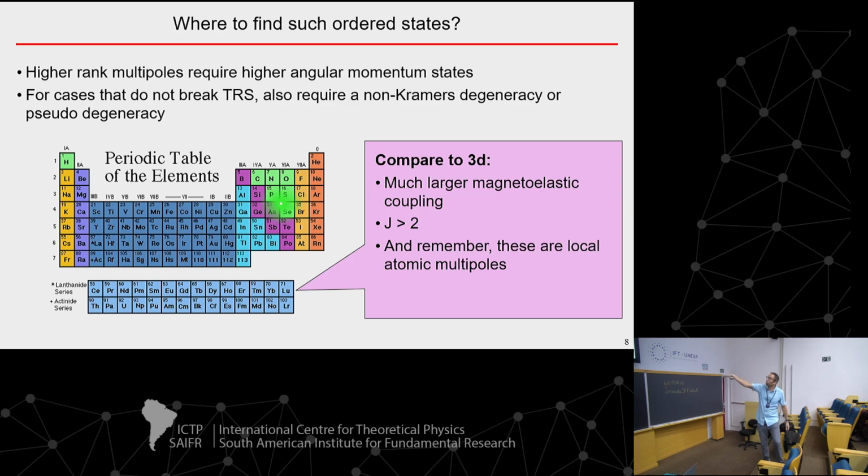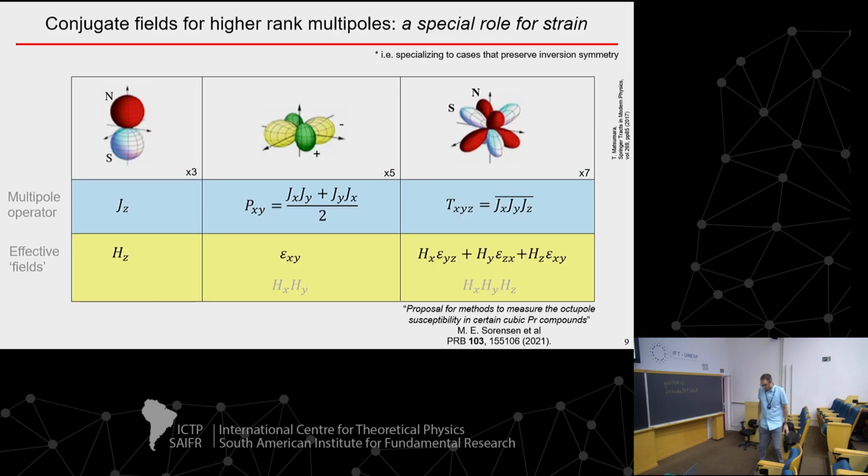And also, J is greater than 2, so you can have this multipole living on one atomic site. Having said that, let's just look at the effective fields for these multipoles, and then I'll dive in and look at longitudinal and transverse field effects. And here I'm going to specialize to cases that preserve inversion symmetry, but I'm not losing any generality in doing that. All right, so I've got a little table.